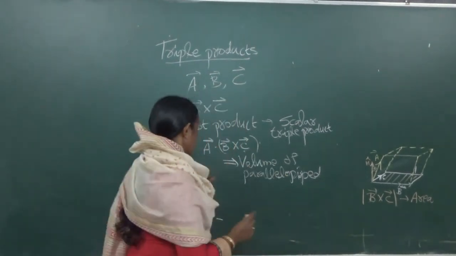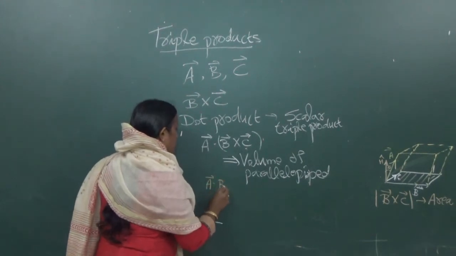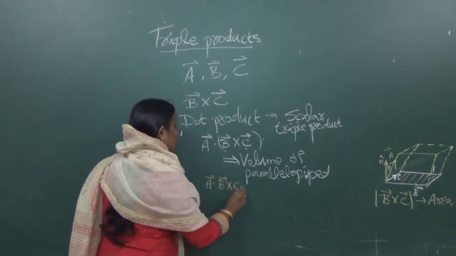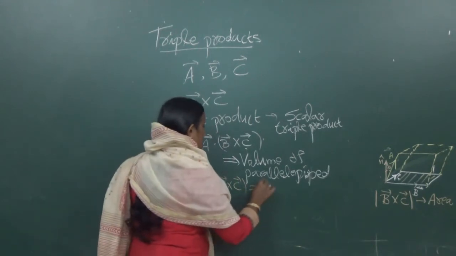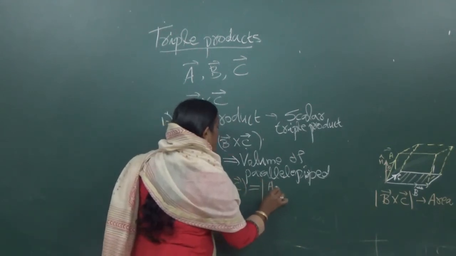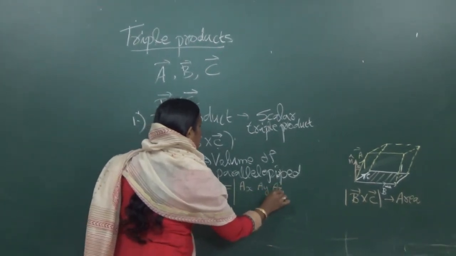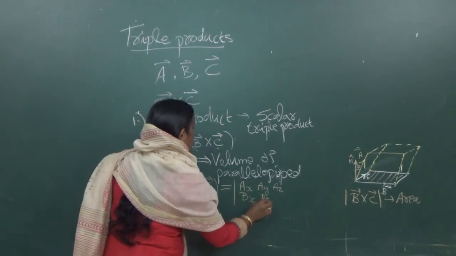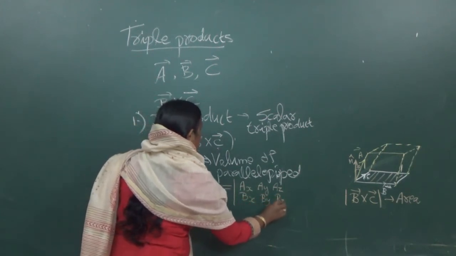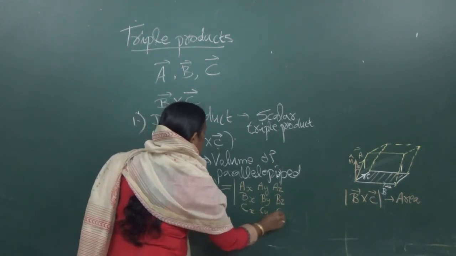A dot B cross C is given by the determinant of Ax, Ay, Az; Bx, By, Bz; Cx, Cy, Cz.